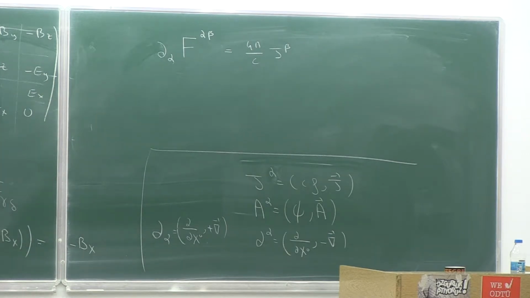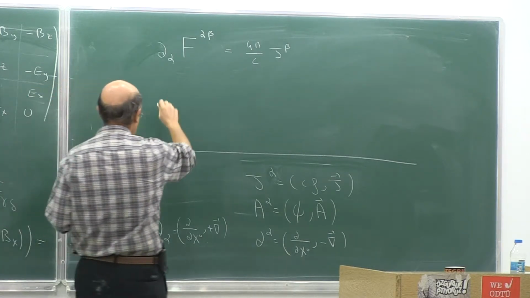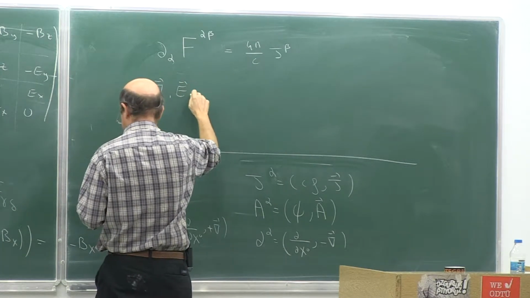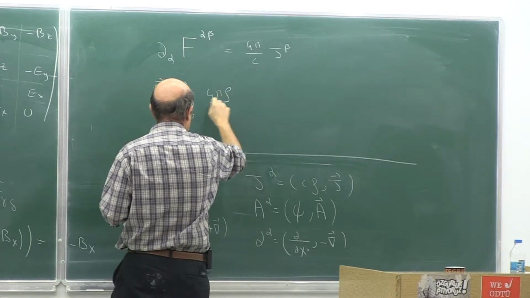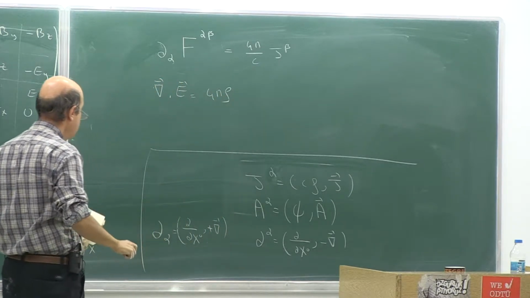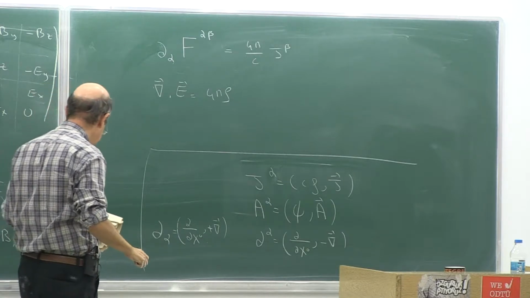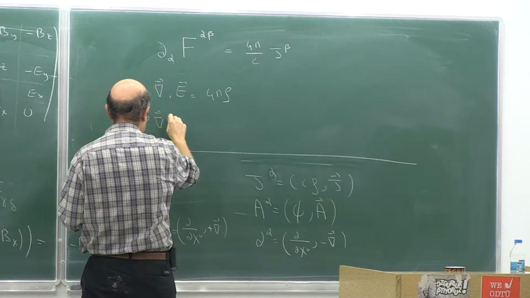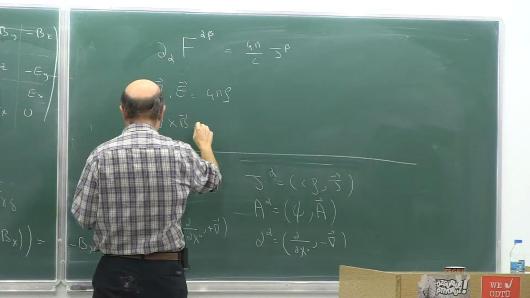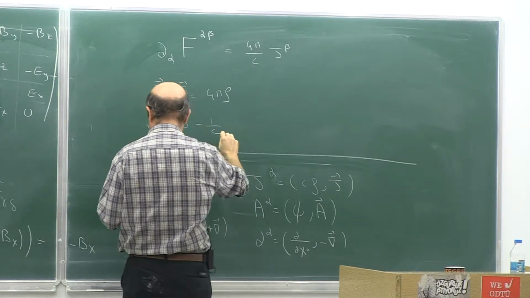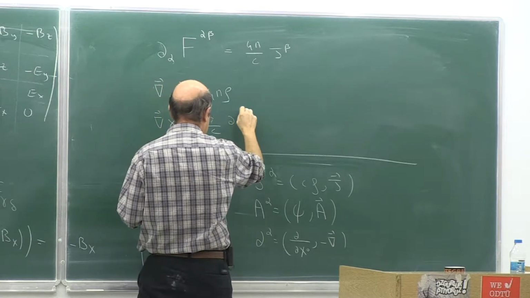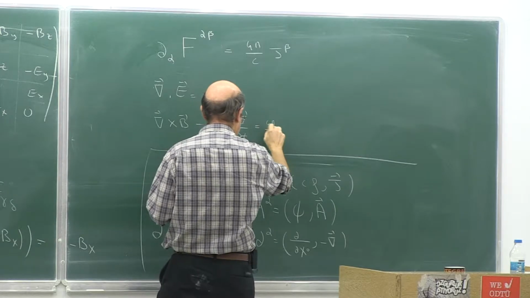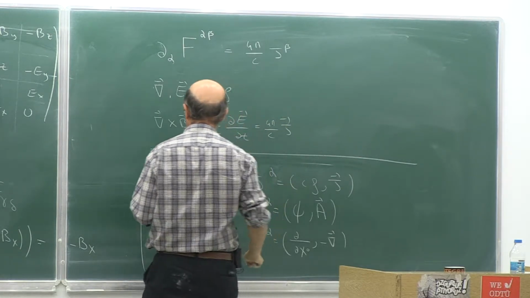What are the inhomogeneous Maxwell's equations? Divergence of E is equal to charge density in Gaussian units, 4 pi times that, and curl of B minus 1 over c del E over del t is equal to 4 pi over c times the current density.